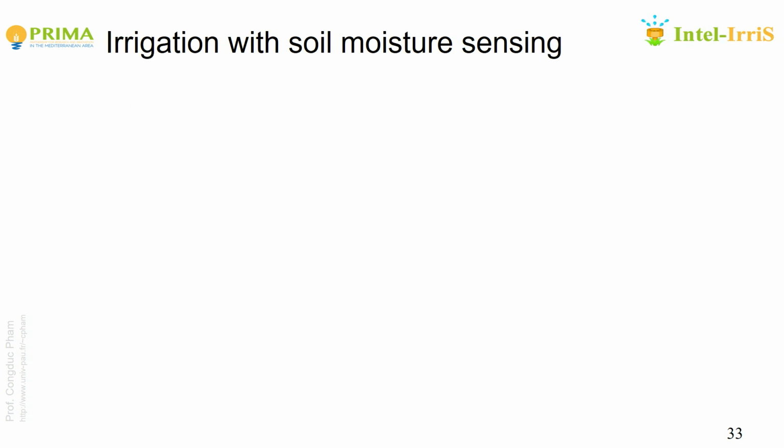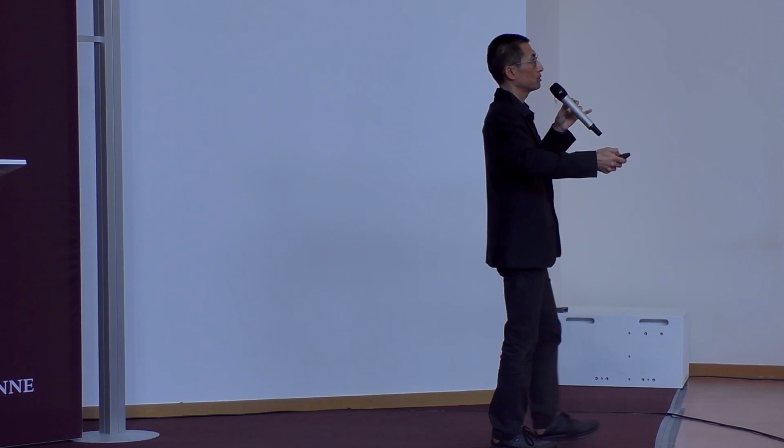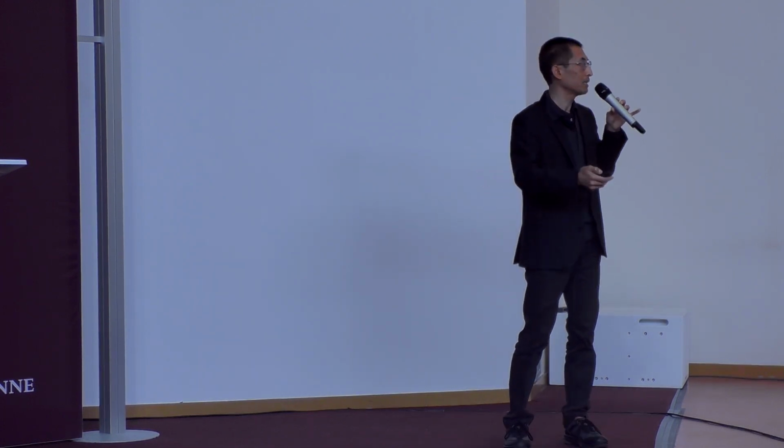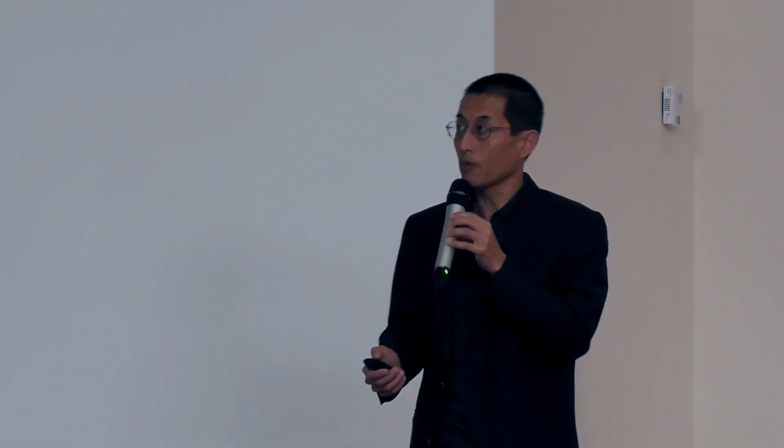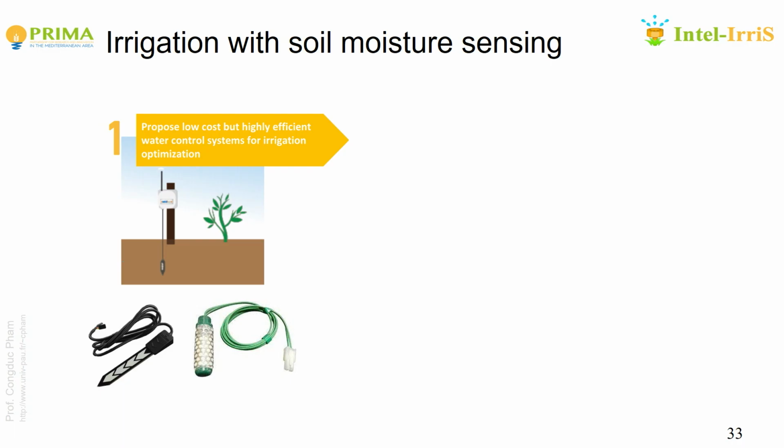And we are going to try to find contributions on how to improve the technology acceptability and the technology deployment for this kind of community. So first of all, if we look at the irrigation optimization problem, we know that we could use soil moisture sensors.